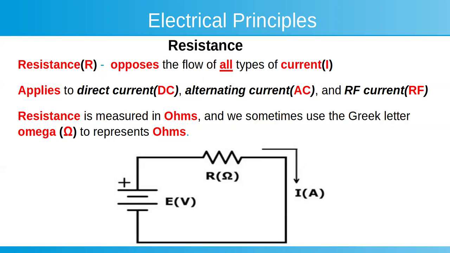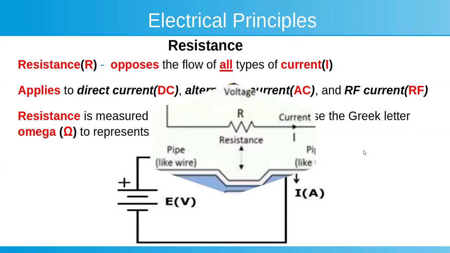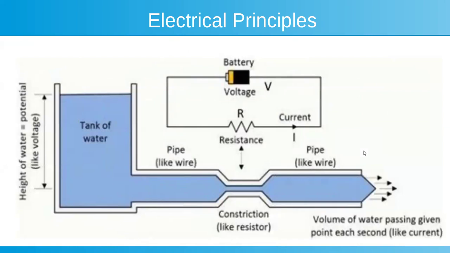Resistance is always the same amount, regardless of the frequency of the current. We measure it in ohms. Sometimes you'll see the Greek letter omega, that little horseshoe, to represent ohms, or else we spell it out as OHMS. It's a proper name; his last name was Ohm, and he's responsible for Ohm's law, which we'll get to in a minute.